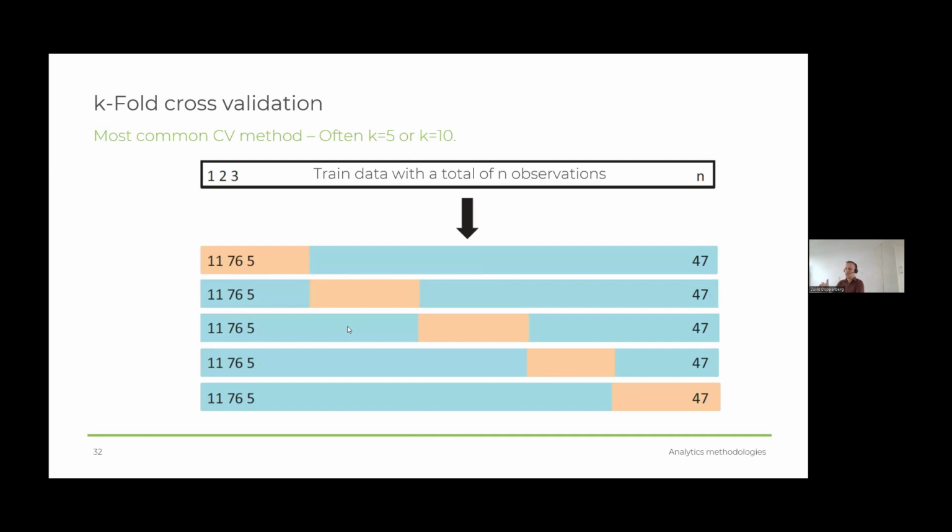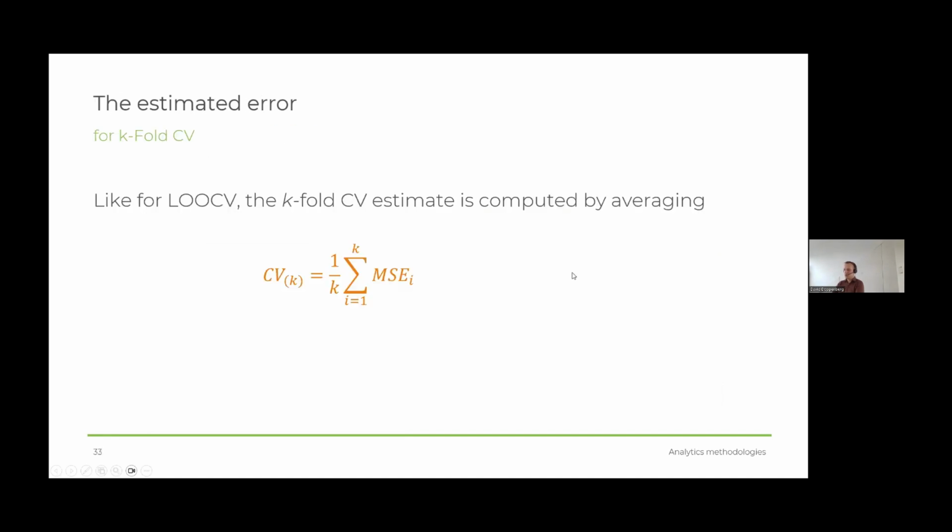At each replication, I use 4 chunks for training and 1 for testing. In the next replication, I pick a different chunk to set aside for testing, and again train on the rest. So the K that you pick specifies how many replications you're going to have.